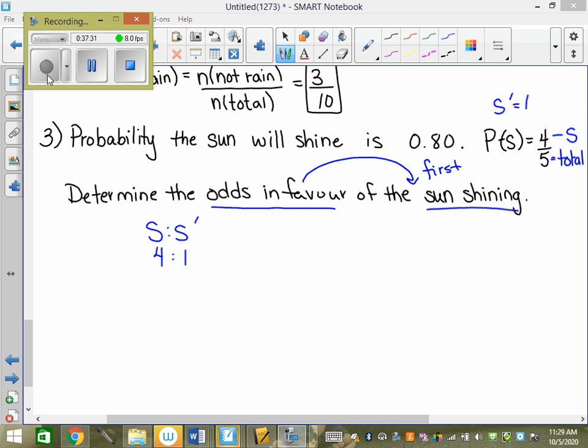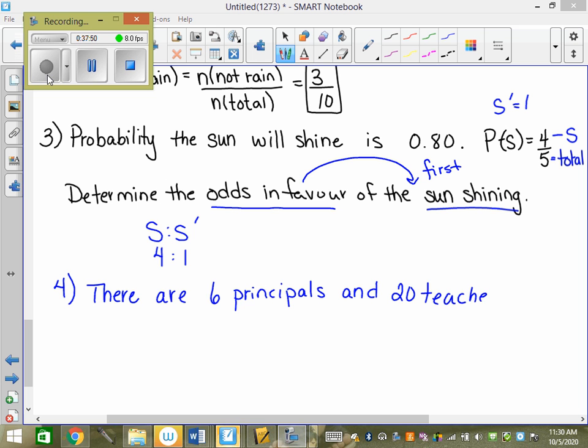Okay. Number 4, probability question. There are 6 principals and 20 teachers to form a 6-person subcommittee.